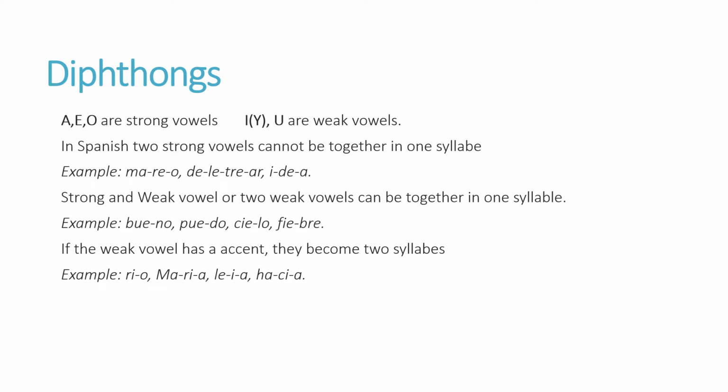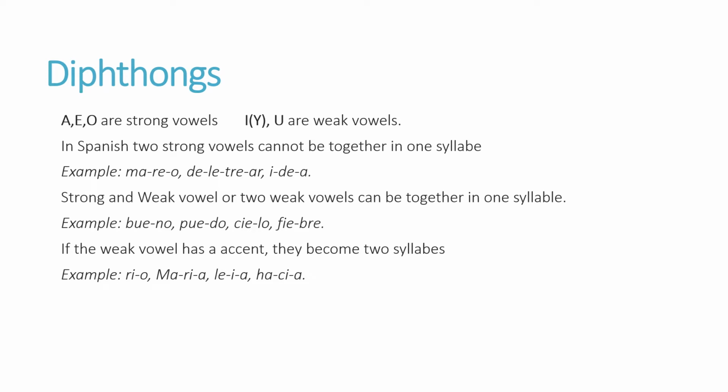A strong and weak vowel or two weak vowels can be together in one syllable. Example, bueno, puedo, cielo, fiebre. U and E could be together because U is a weak vowel and E is a strong vowel.